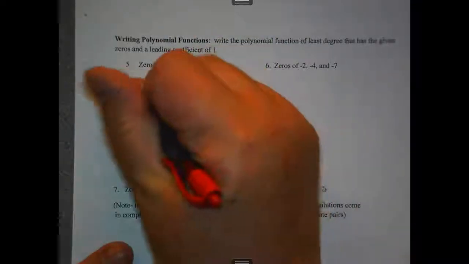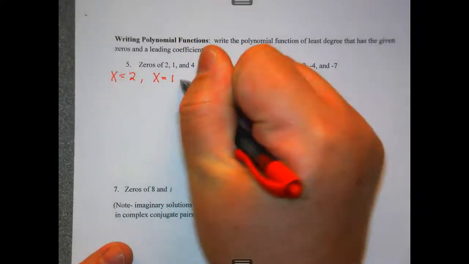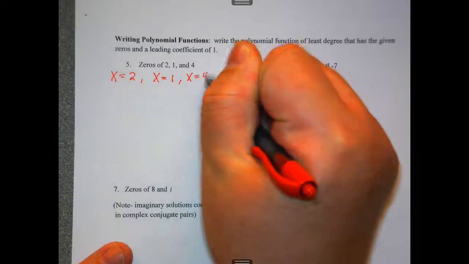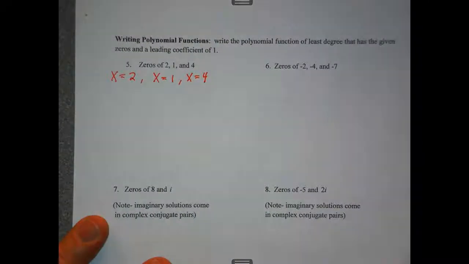Okay, number 5 in the note packet. Quiet. They give us zeros: x equals 2, x equals 1, x equals 4. You should easily get the polynomial from this. Right?